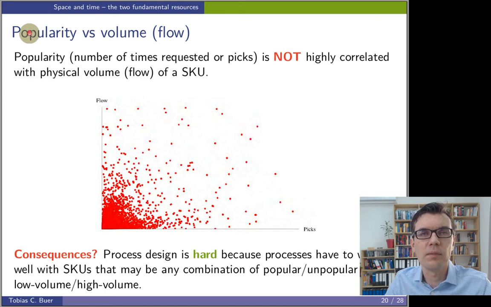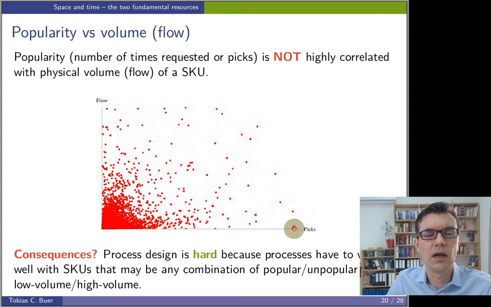In this diagram, you see real-world data for 25,000 different items, SKUs. On the x-axis, you see how many picks per item have happened in the last months. This is data for 1 month.